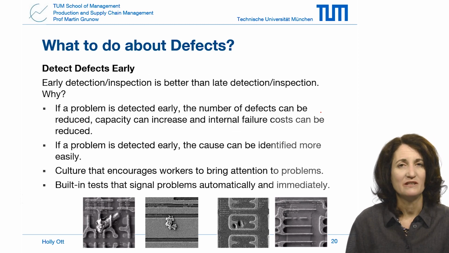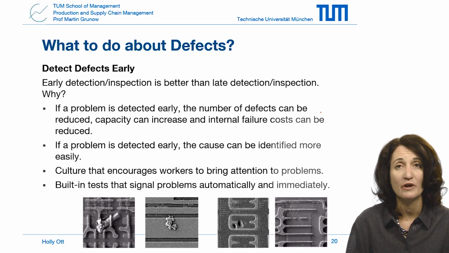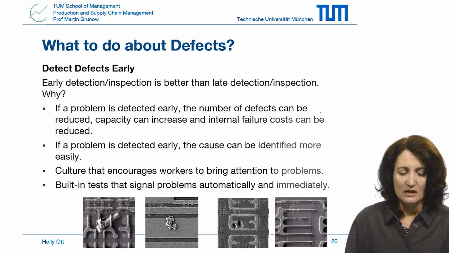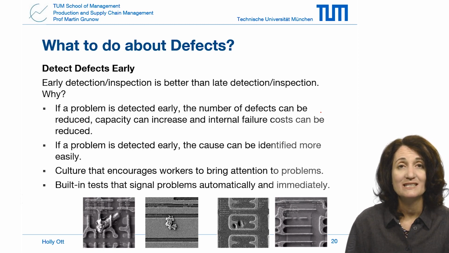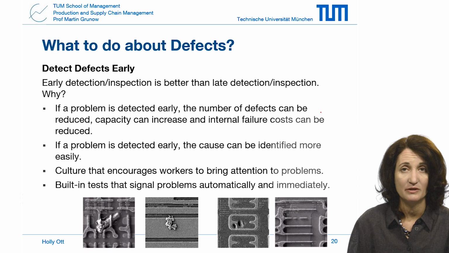And what can we do about defects? Why don't we just measure them? Well, as we just said, it's hard to measure them when they're rare. They also can have many, many different causes. So one thing to do is to try to detect them early. Early detection is better than late detection or inspection. Why? Well, we talked about that with our crayon factory.